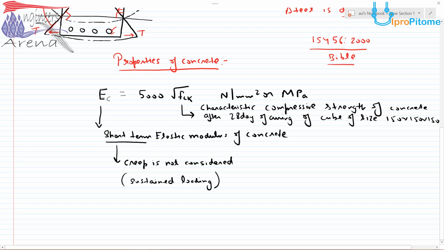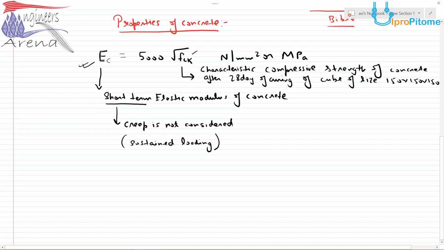The important word is sustained loading, that is long term loading. It develops in years. When we study creep, we will see that in detail. But here you should know that this equation is not considering creep, and it is a short term elastic modulus of concrete.